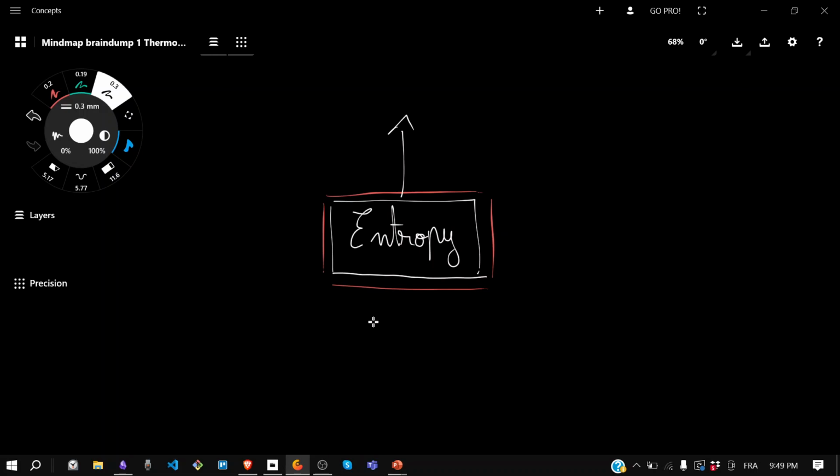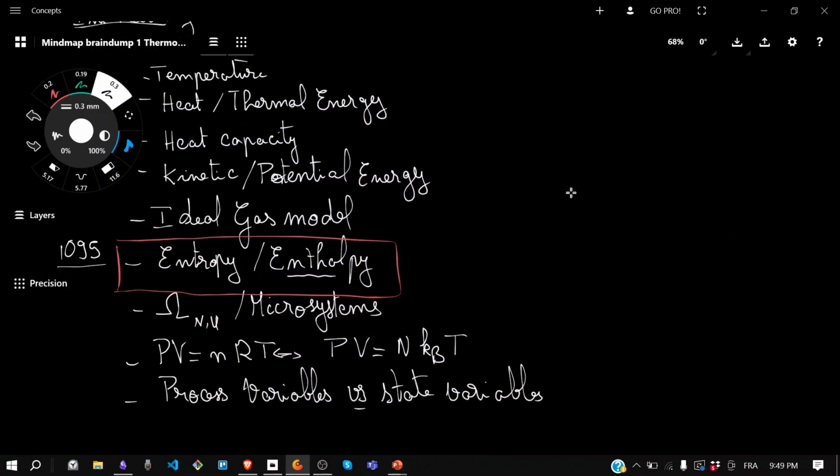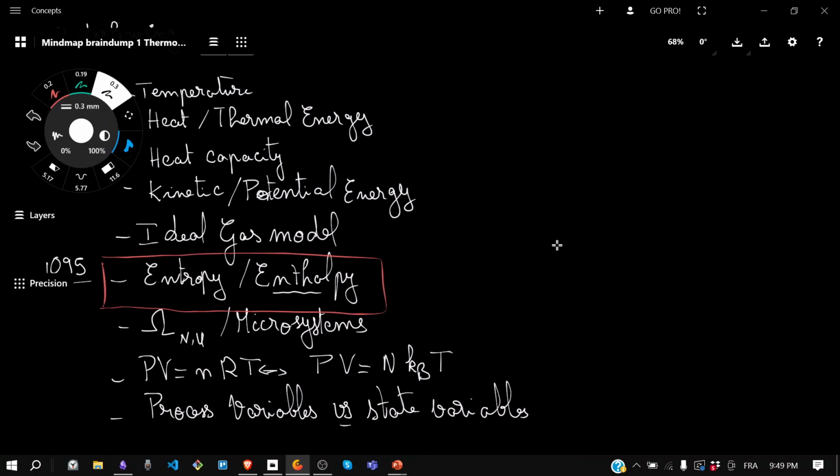Entropy is, well, I know what entropy is. The point of the mind map is to relate the keywords to each other and concepts to each other. It's harder than I thought.